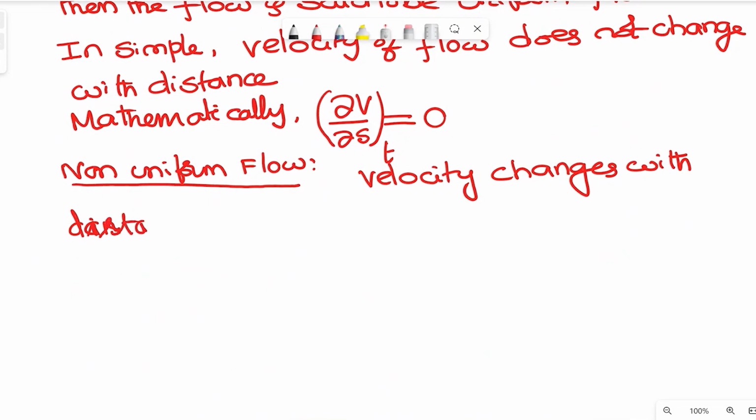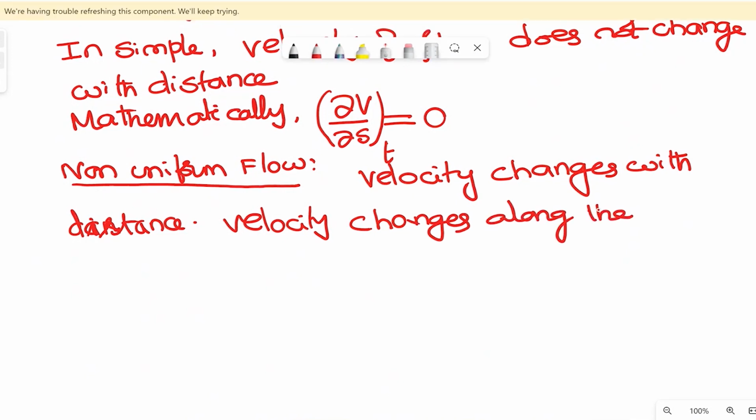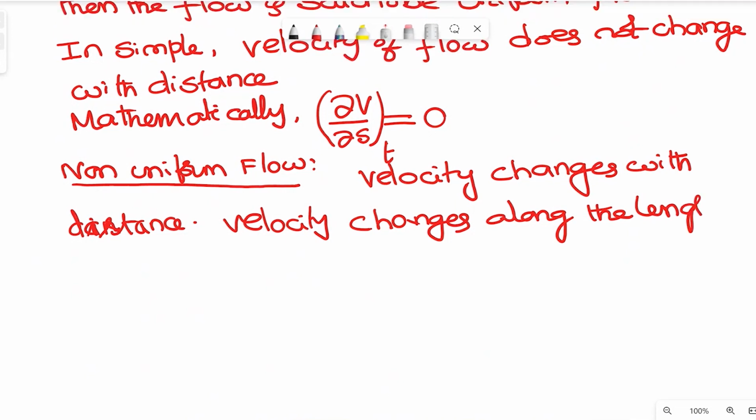Velocity changes along the length. Please remember the velocity is a vector quantity, so both magnitude and direction are important. Even if one changes, it cannot be considered as uniform flow. Mathematically, we can write it as dou v by dou s is not equal to 0.